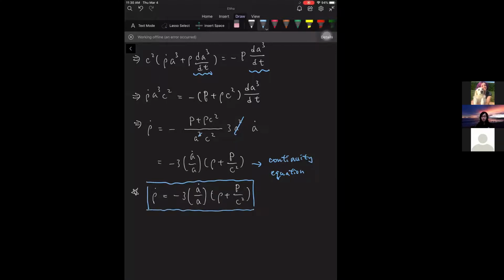Okay, so basically, this term is the pressure, right, from our thermodynamic equation, and these are the density distributions, and this is the scale factor of the expanding universe.